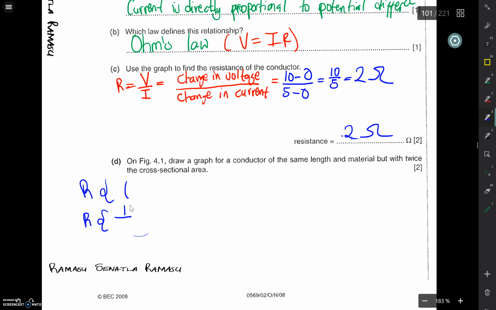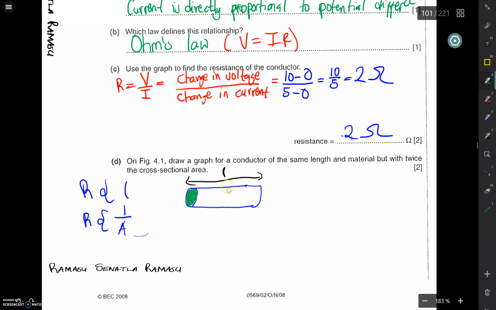Right? So if you have a piece of wire like this, from one end to the other end, this is the length, right? And this area here is the cross-sectional area.